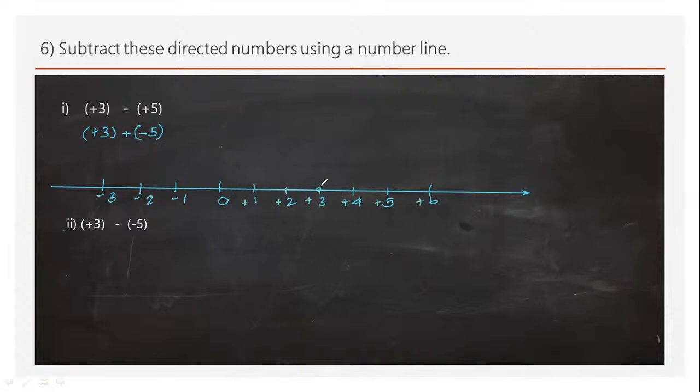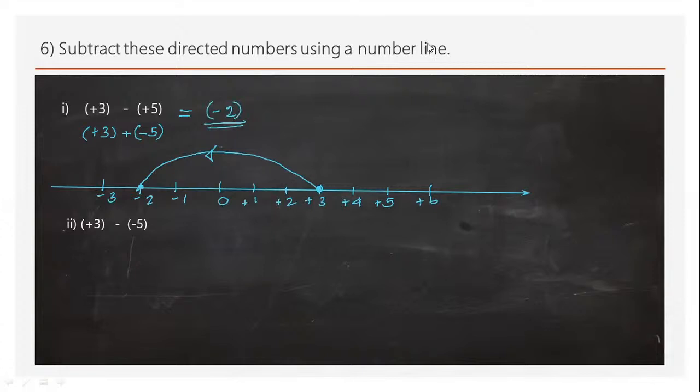It is here. Then jump 5 places towards the negative side: 1, 2, 3, 4, 5. It is to here. Then what is the answer? You can write negative 2. Answer is negative 2. Right.